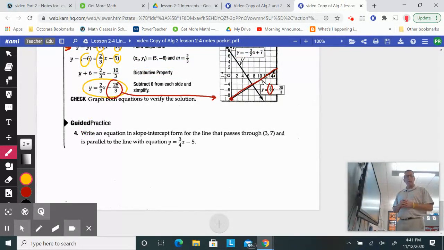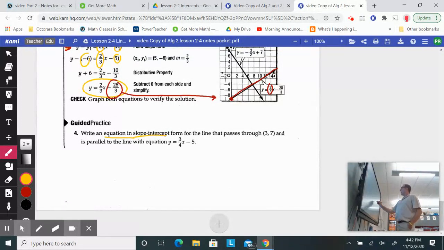I'll do this next example, guided practice number 4, and I'll use the method I like to call using the slope-intercept form. We're supposed to write an equation in slope-intercept form, and the line has to pass through the point (3, 7) and has to be parallel to this line right here that has that equation.